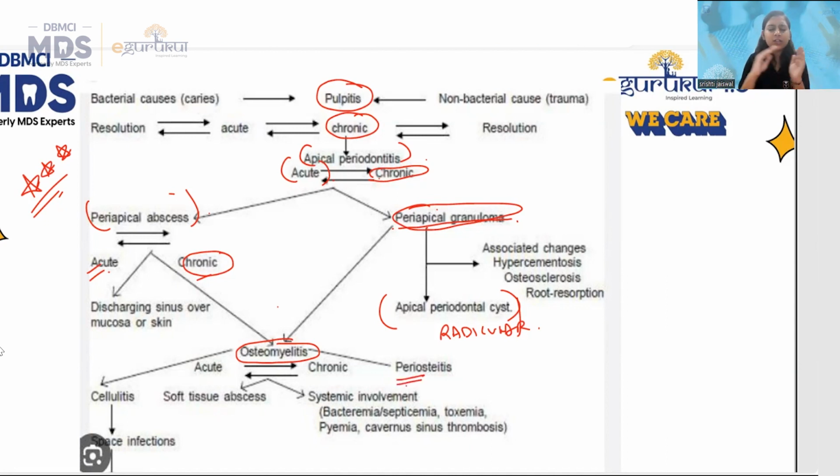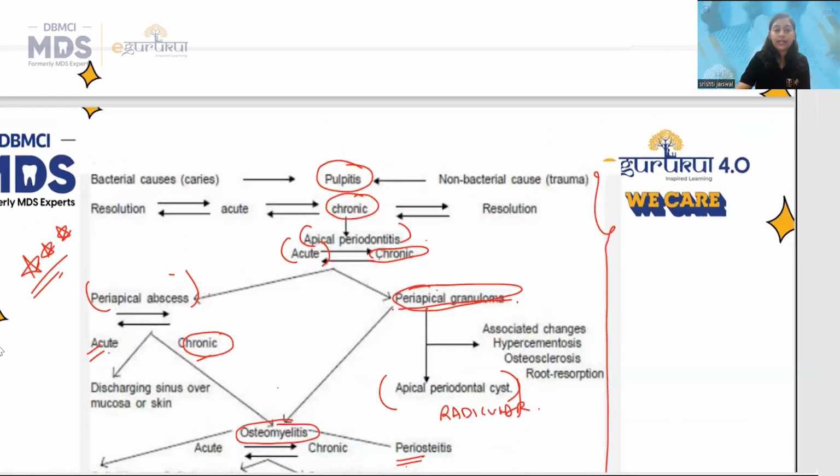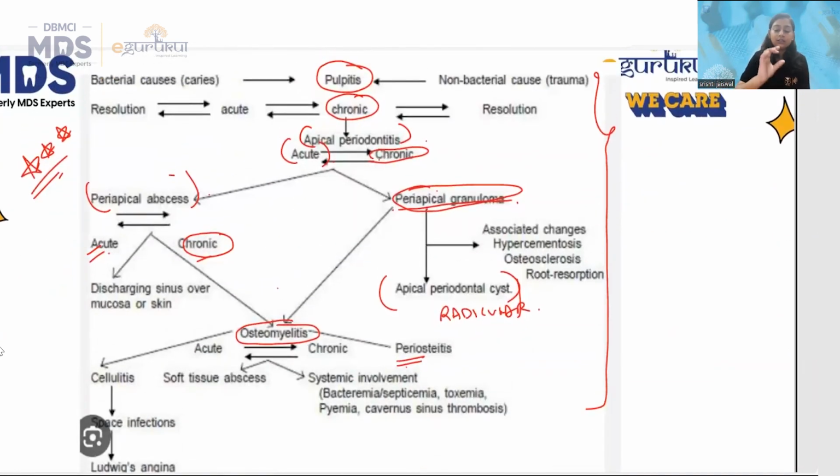So many questions, you can solve 10 to 15 questions based on this chart. So this chart is very important with respect to your endo oral path. Okay, so the diagnosis is based on this chart.